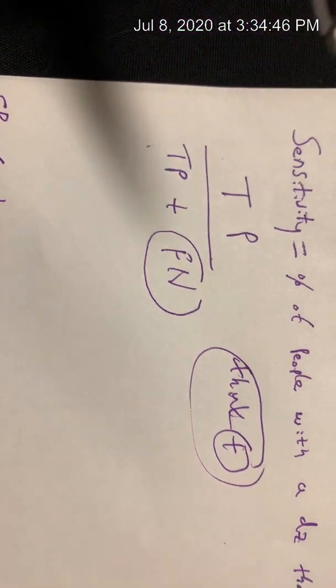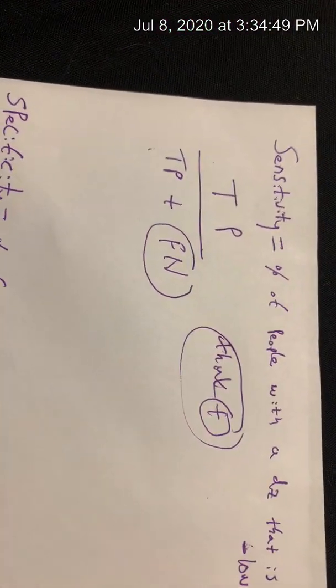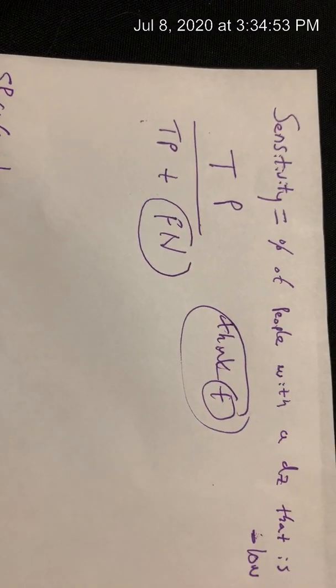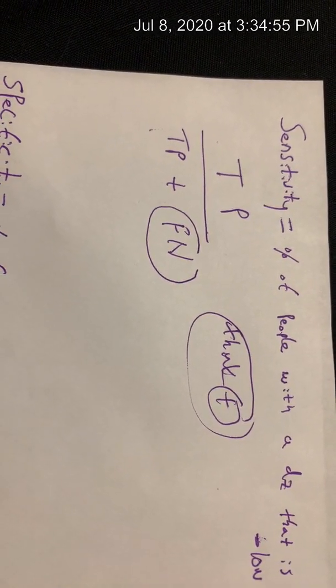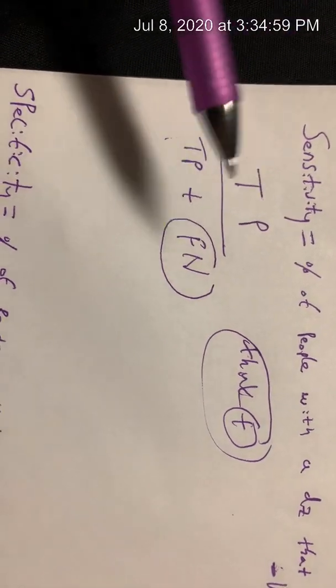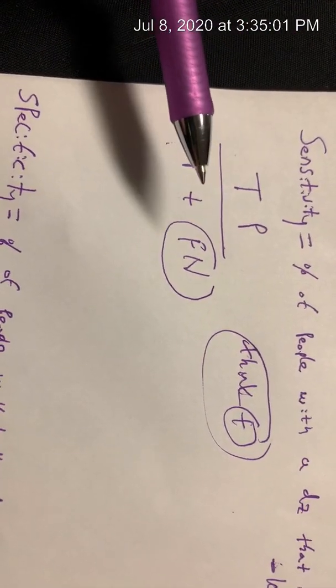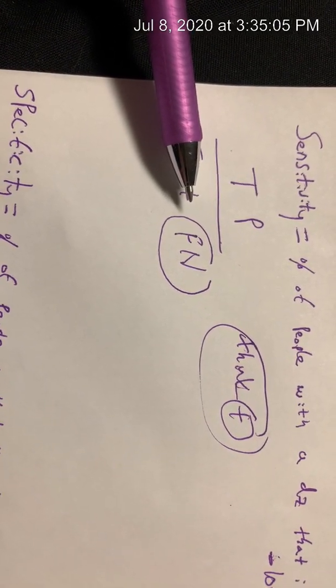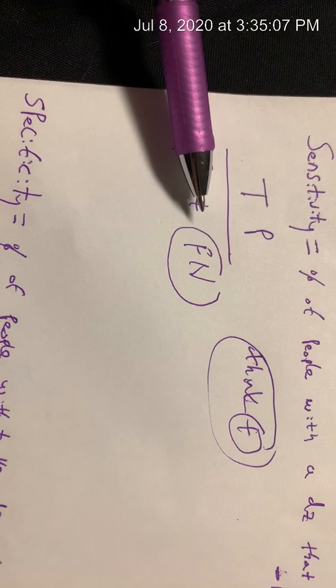Let me give you an example. Sensitivity is good for screening. And in medicine, why is it good for screening? Because if your false negative rate is low, that means it is a great test to rule out a disease.